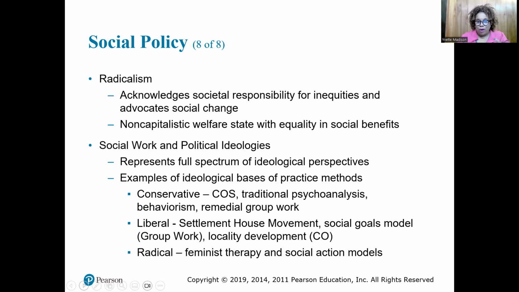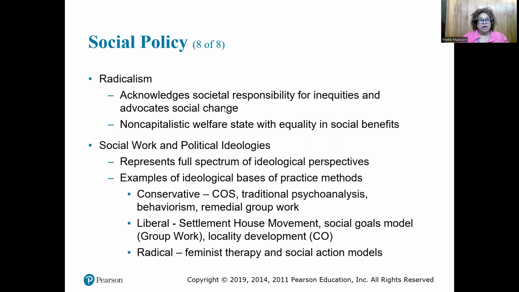And radicalism is saying that when we think about the whole idea of providing services, we need to provide services that are going to invoke change, social change. We don't need to provide services or resources that are going to keep folks pigeonholed in a place where they're comfortable.